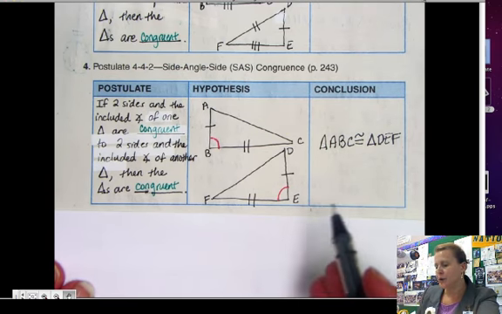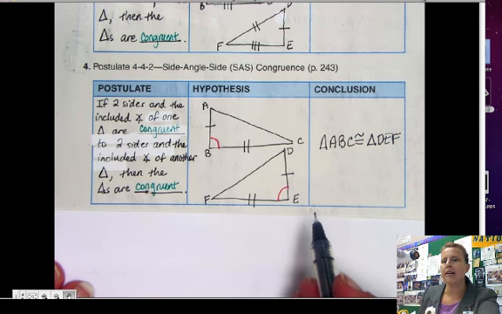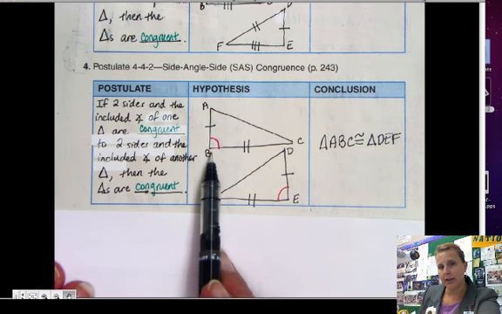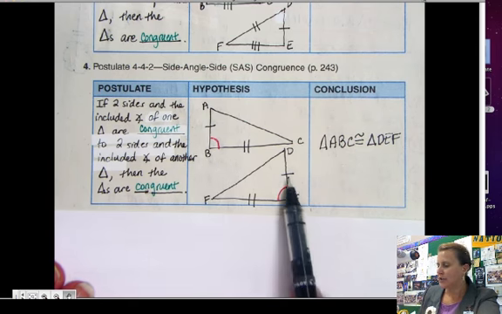So that is another shortcut for you. You no longer need all the sides and all the angles. You only need two sides and the included angle of one to be congruent to two sides and the included angle of another.